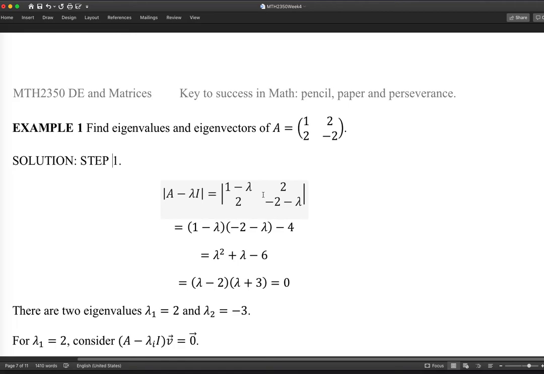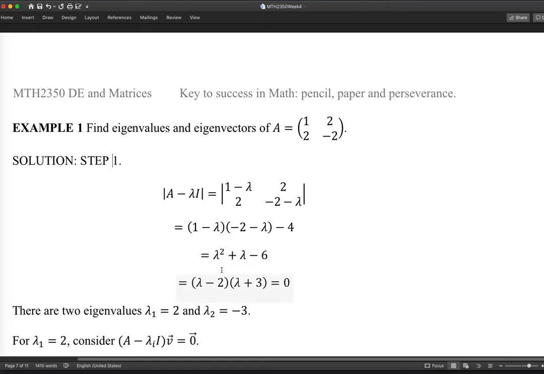Okay, this is 2 by 2. Hopefully the determinant is very simple. I consider the cross product, the forward diagonal minus the backward diagonal. Then you use the FOIL rule, and also combine with this negative 4, the number at the end. So I get a polynomial, right? A quadratic polynomial.